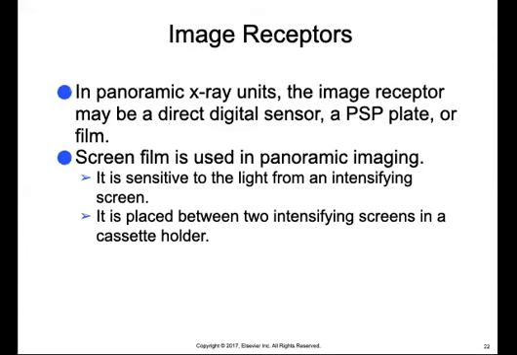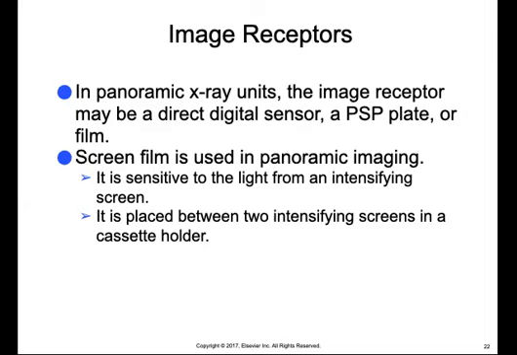In panoramic X-ray units, the image receptor may be a direct digital sensor or a PSP or phosphor plate or film. With digital imaging, imaging software downloads the patient information within seconds and can transmit the image to various computer workstations within the dental office. And if you are using an older system or an older machine where screen film is used in panoramic imaging, we'll have to remember that it's sensitive to light from an intensifying screen.